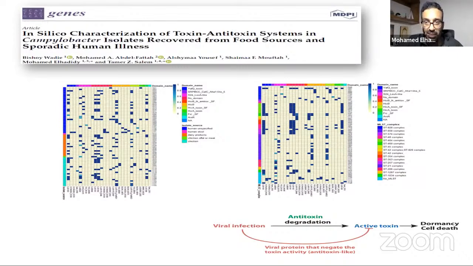And as I mentioned, with GWAS you characterize the genotype and then you verify with a phenotype. So currently we're verifying these novel toxin-antitoxin systems in Campylobacter by doing phenotypic work for verification.